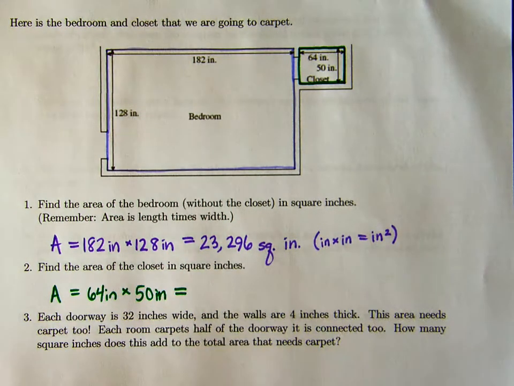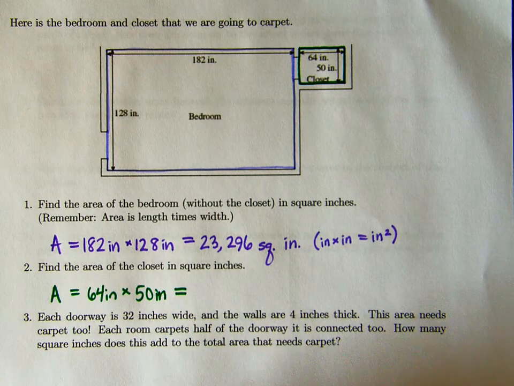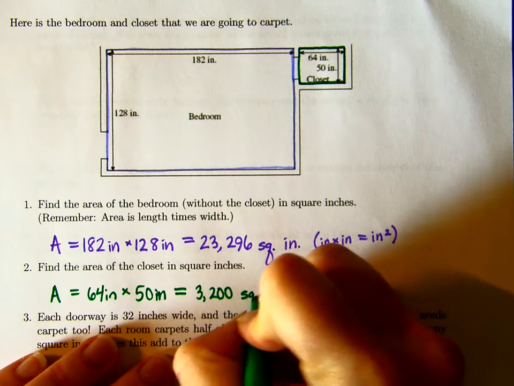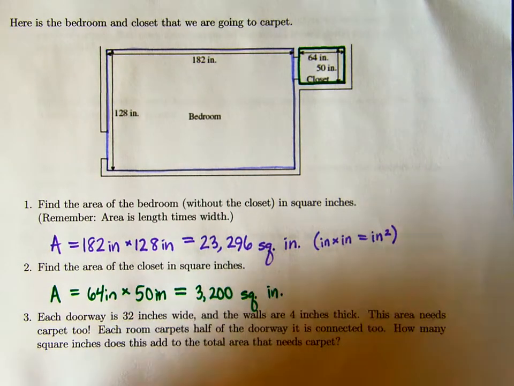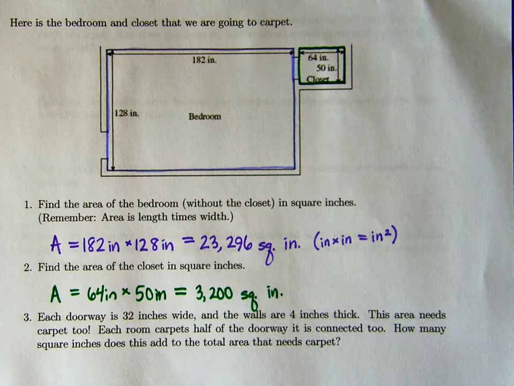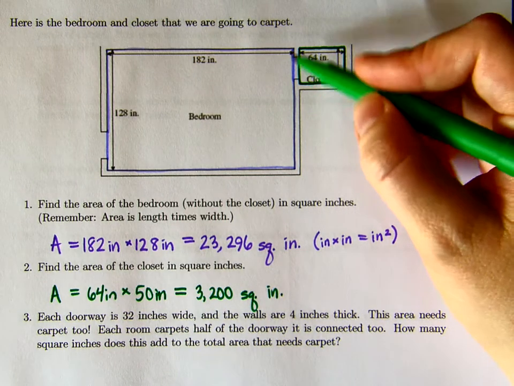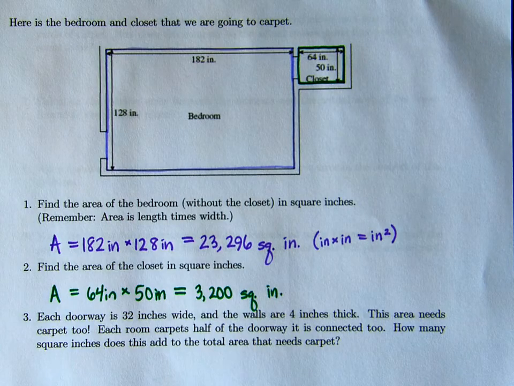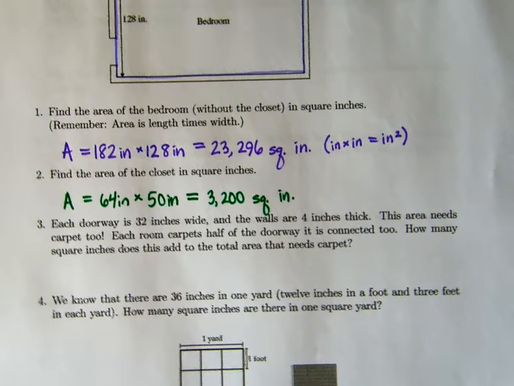What's 5 times 6? 30? I get 3,200 square inches. Got it. But I noticed that I've left a gap here and I don't have anything in the doorway, which is weird.